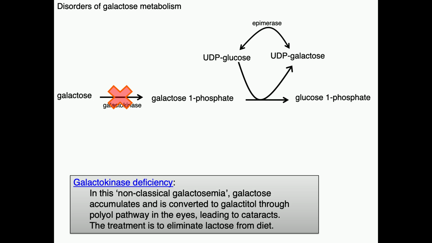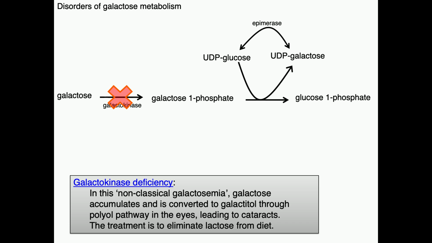You make galactitol with galactose. Anyways, the consequences are similar to too much glucose in the eye, where you get increased intraocular pressure and then increased glycation of proteins, and that can result in cataracts. So a patient with a galactokinase deficiency could get cataracts, which you would normally see in a 50, 60, 70-year-old. They could get cataracts at 10 years old or 12 years old.